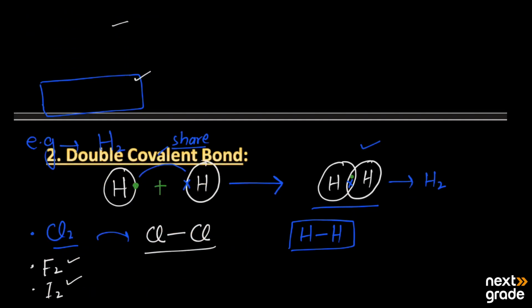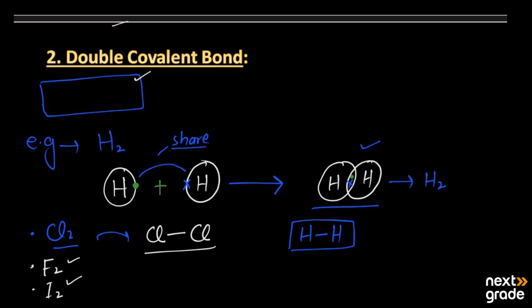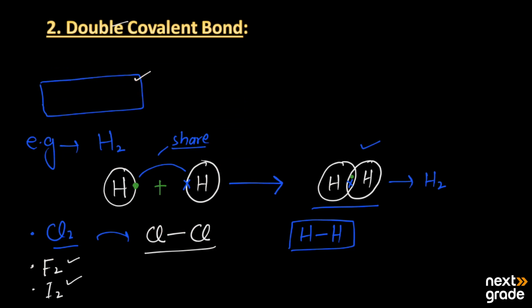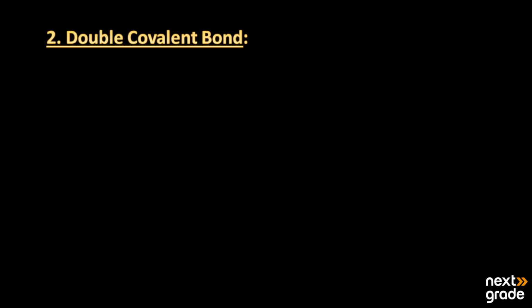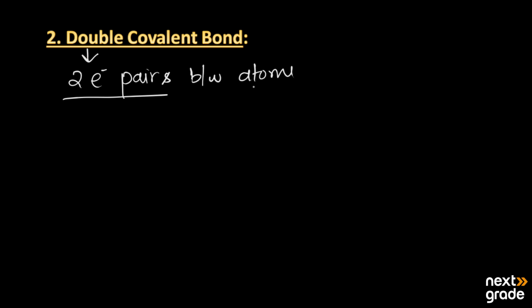Next we have the double covalent bond. As the name shows, double means two electron pairs. When there is a sharing of two electron pairs between the atoms, the bond will be a double covalent bond.